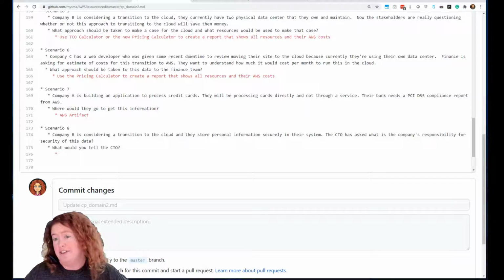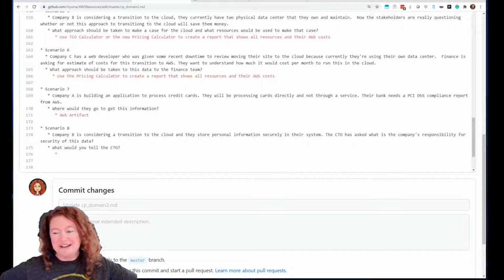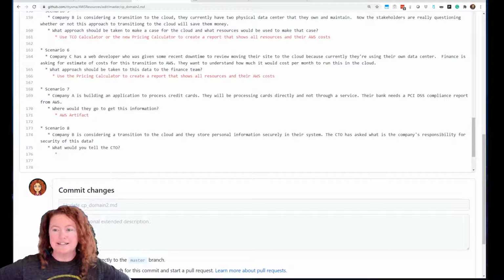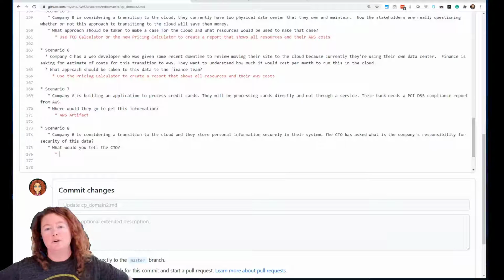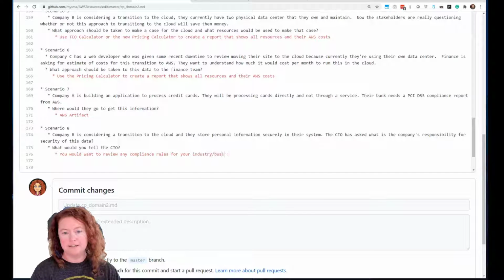Well, you tell him a lot of things about what we've learned about AWS's responsibility versus the company's responsibility for the security of the data. You would want to check any compliance rules for your industry or business regarding personal information storage.